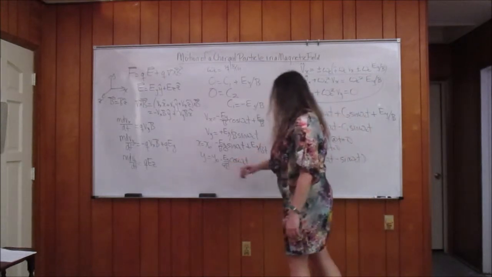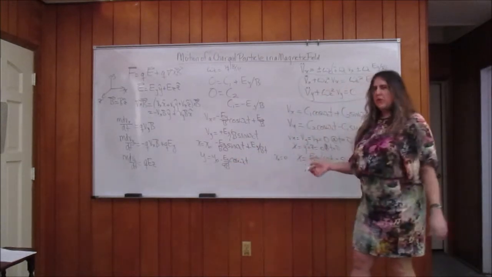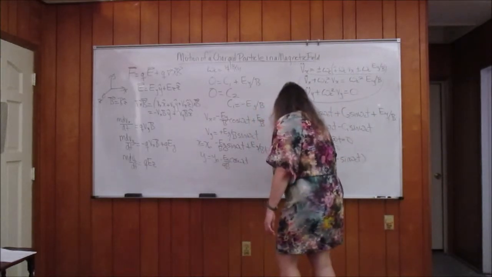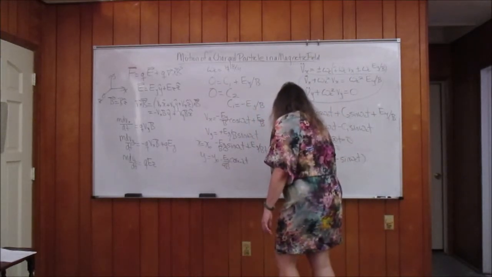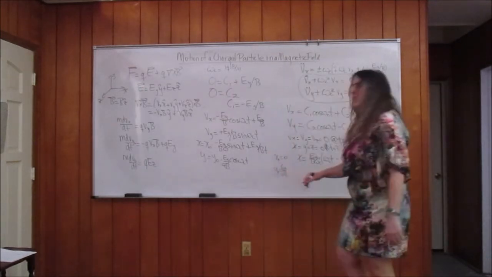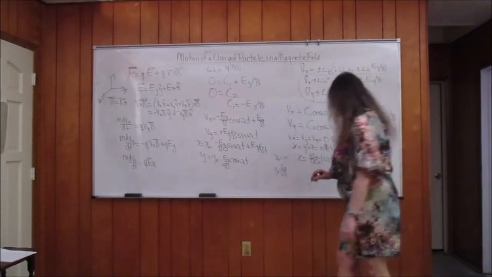And in the second case, y is equal to 0 at time 0. So therefore, y naught is equal to Ey over omega b.